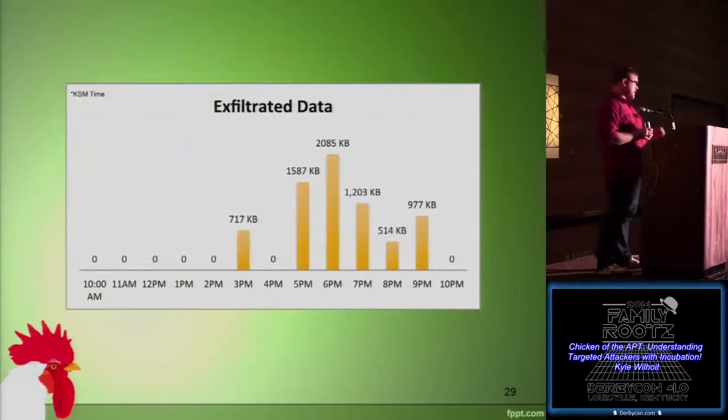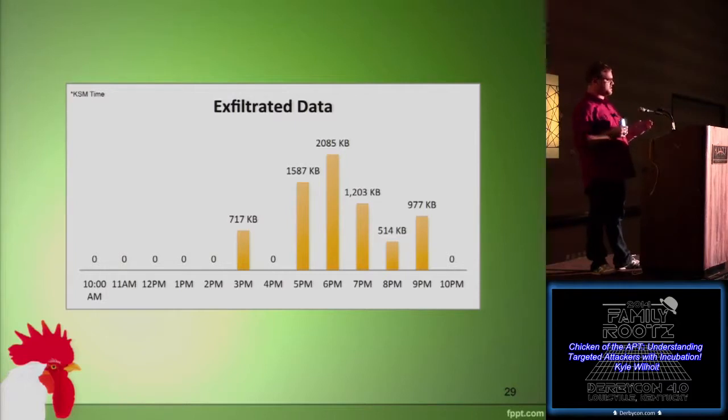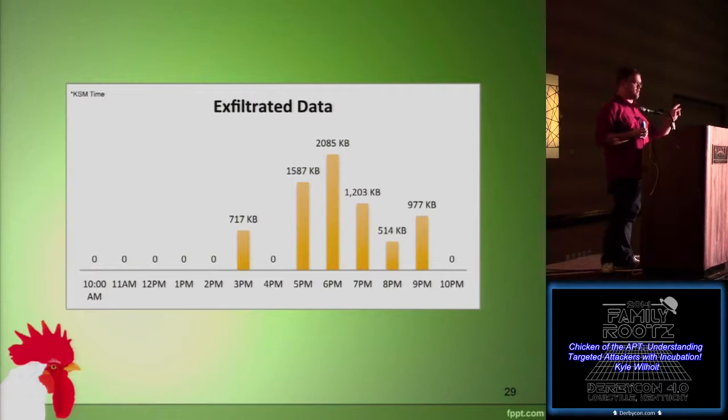So if we look at the exfiltrated timeline, I built this out based on a time frame of access. I did this because it's interesting to note the times in which they were active. This is KSM local time, so this isn't central time, this isn't in the States. But you can see they became active at 3 p.m. their time, and were active till 9 p.m. And by active, I don't mean they were inside for that entire period.